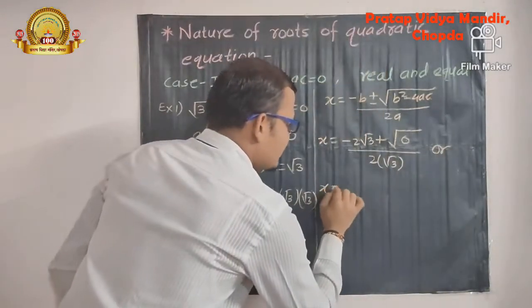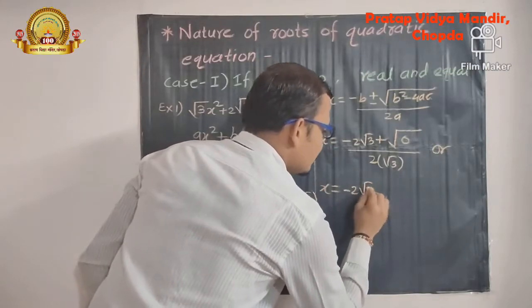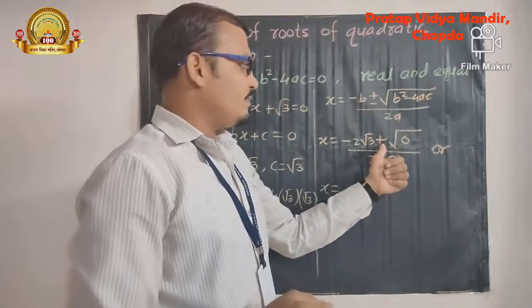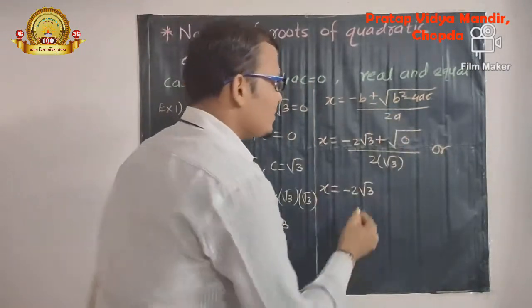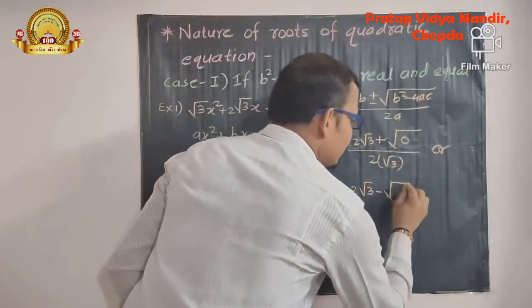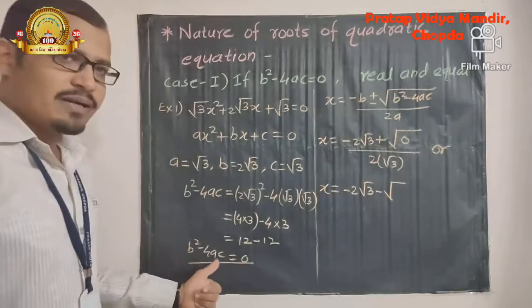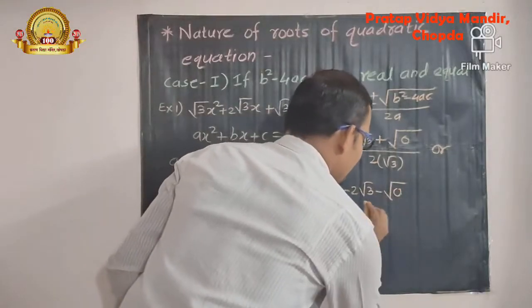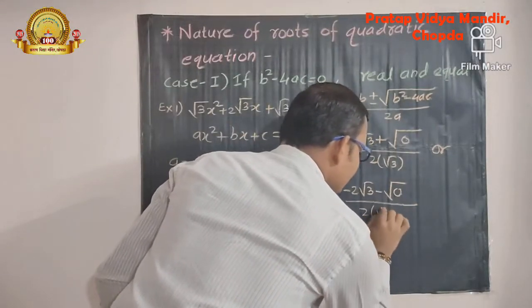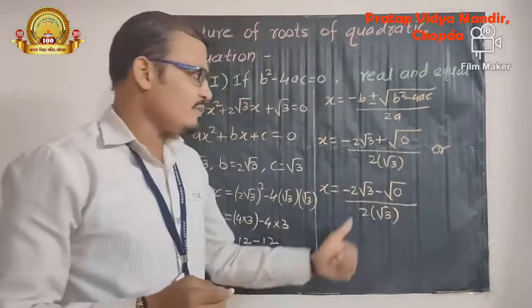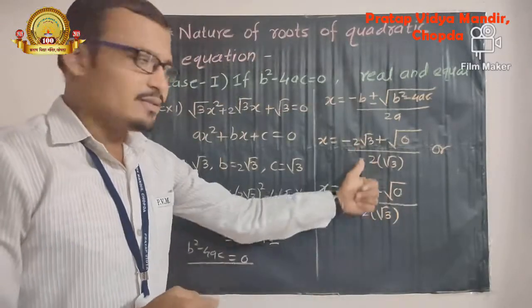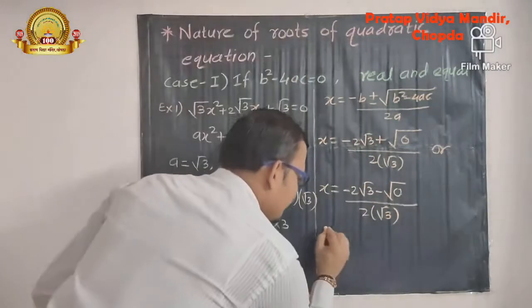Or x is equal to minus 2 root 3, first we take plus here, then we take the minus value, minus under root b square minus 4ac is 0, upon 2 root 3.